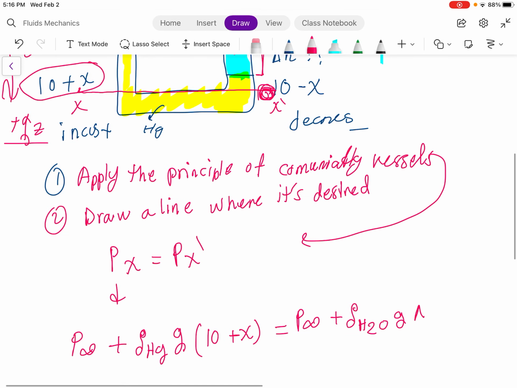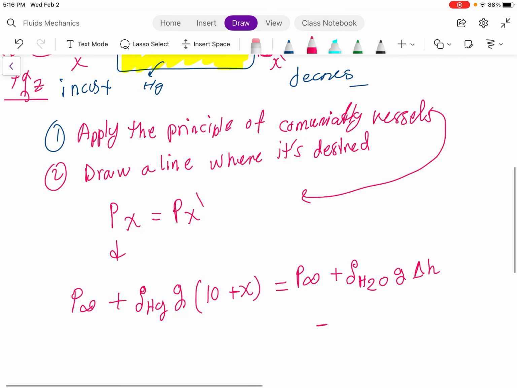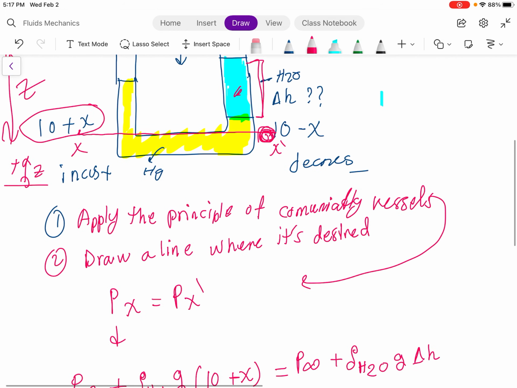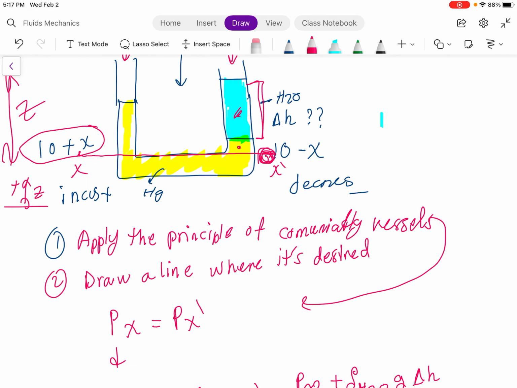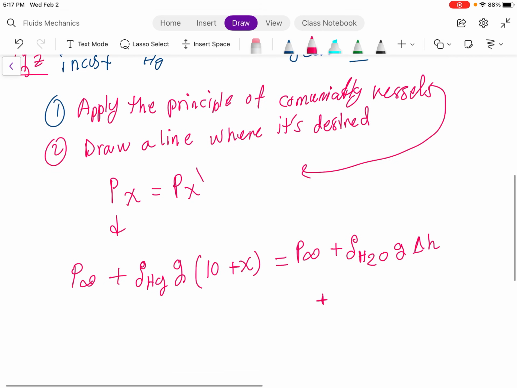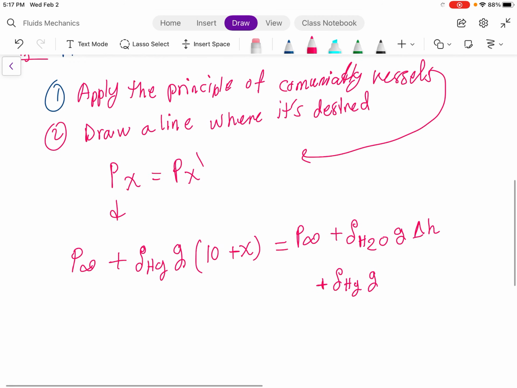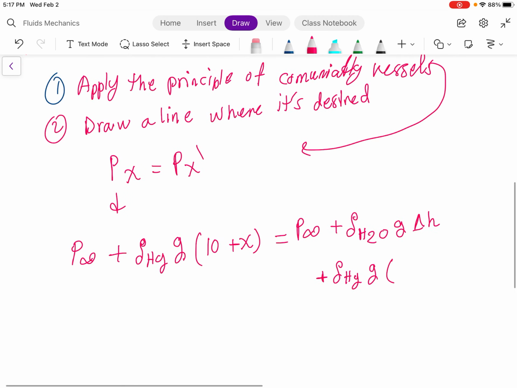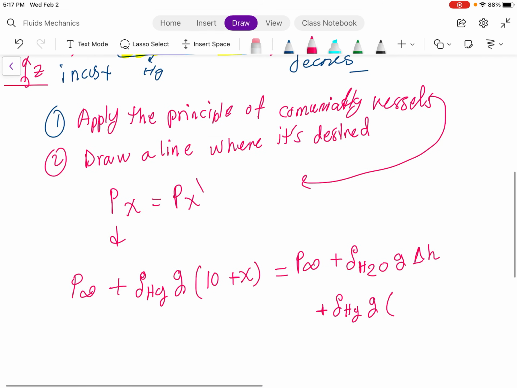I just called it delta H. And then plus the density of the other liquid that we have. So we have liquid in here and liquid in here. So we have mercury in here. So the density of mercury times gravity times the delta Z of the mercury, which is 10 minus X.